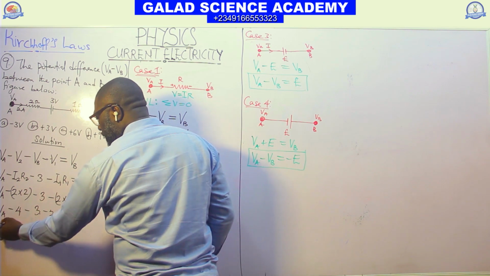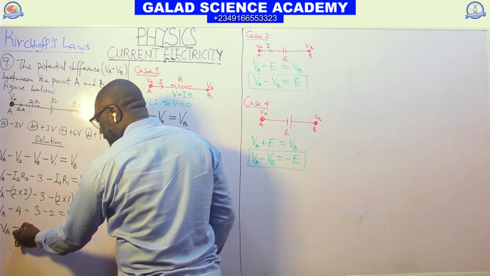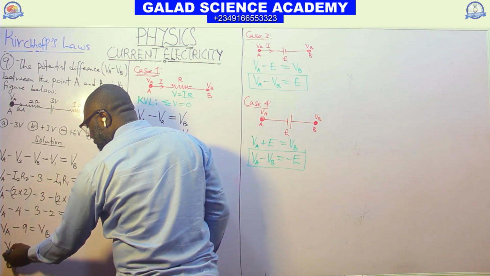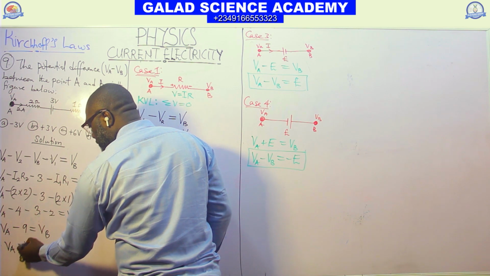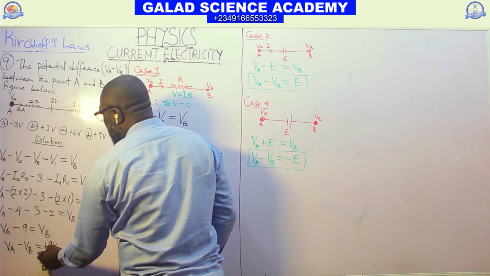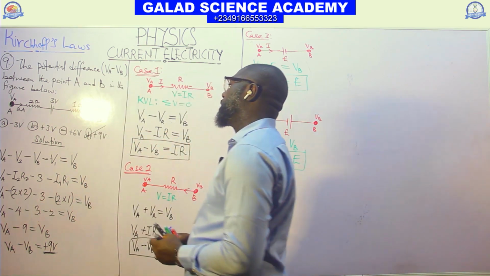So by adding it together, VA minus VB equals plus 9 volts. What is the right answer? The answer is this.